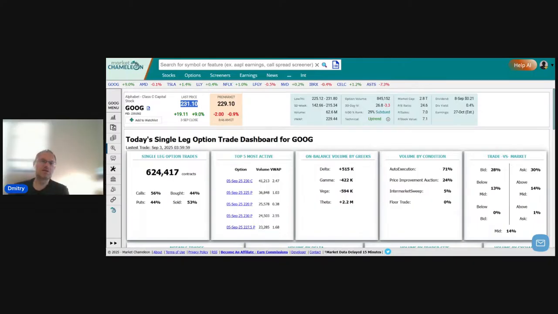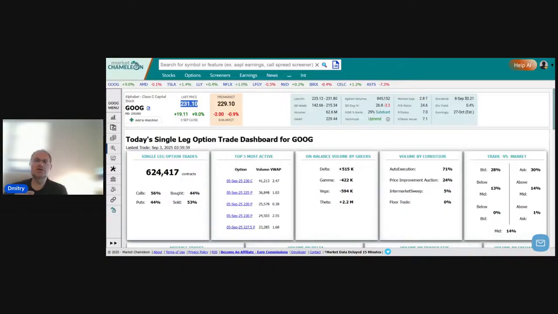But yesterday's at-the-money strike was $19 lower. So even though we're comparing an at-the-money implied volatility, the strikes that we are looking at are different, right? So that is one way to measure it.